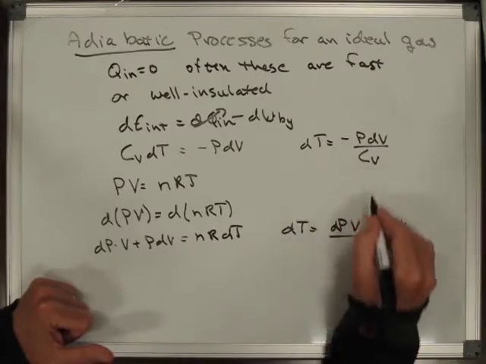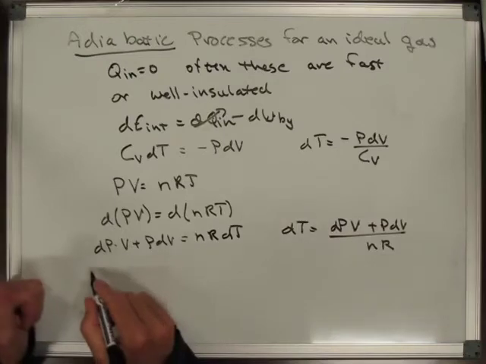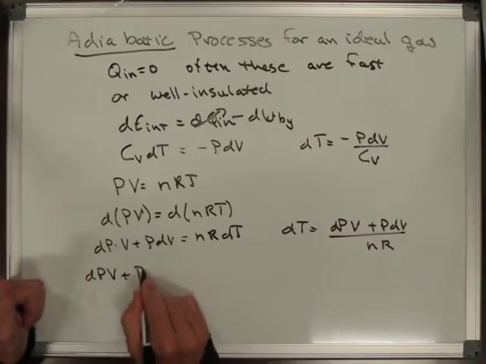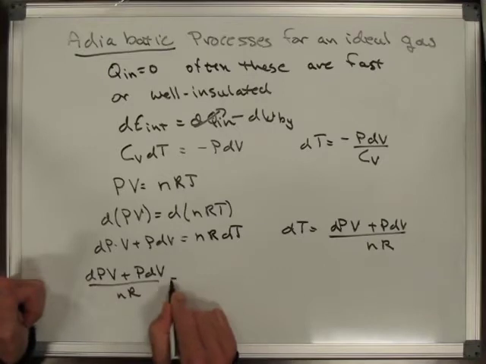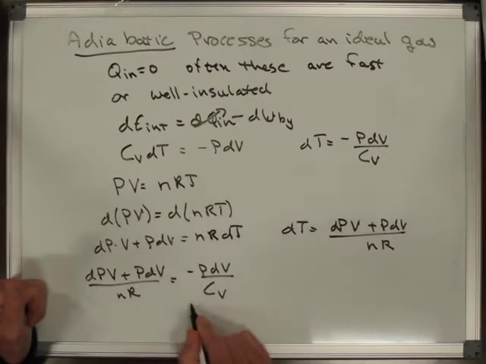And now I have these two things which are equal to each other, right? There's a dT and there's a dT, and so I can say dP times V plus P dV over nR is equal to minus P dV over the heat capacity at constant volume.